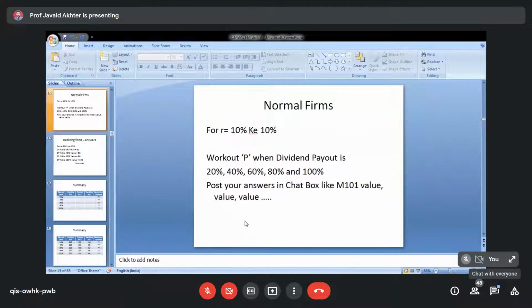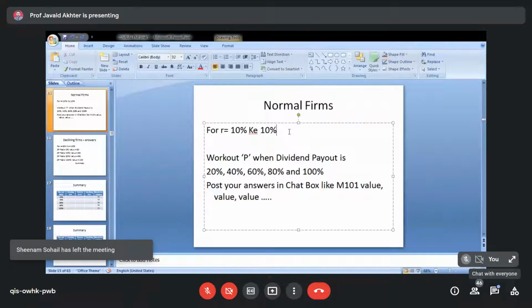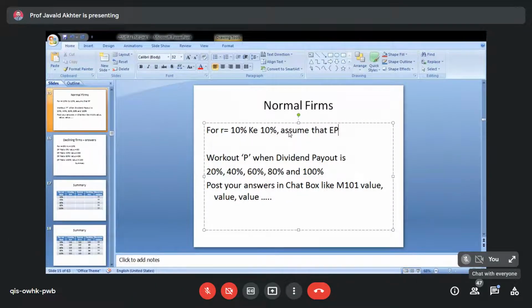Now look at the normal firms. What are the normal firms? Where R is equal to K. Assume that EPS is again rupees 10.